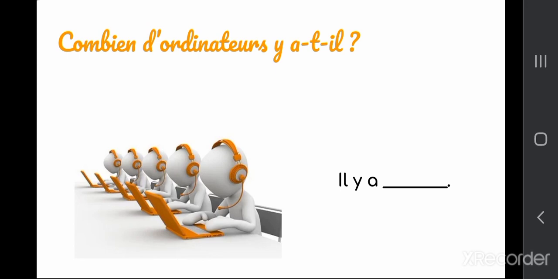So instead of saying combien de ordinateurs y a-t-il, whenever a word that starts with a vowel comes after the word de, the E is omitted and an apostrophe is added in its place so that it's almost like the de is a part of the word that follows it. And this happens only when the word following de starts with a vowel. So instead of saying combien de ordinateurs y a-t-il, it is combien d'ordinateurs y a-t-il.